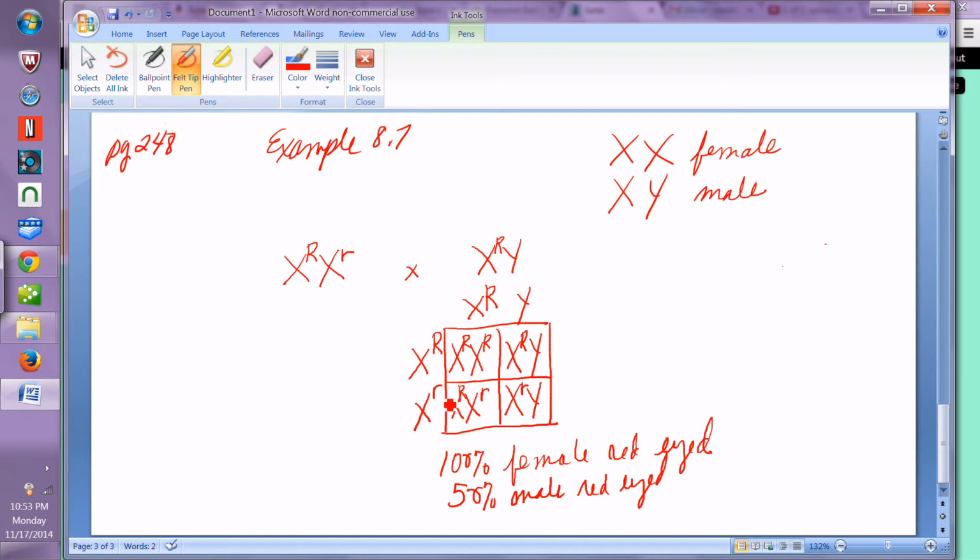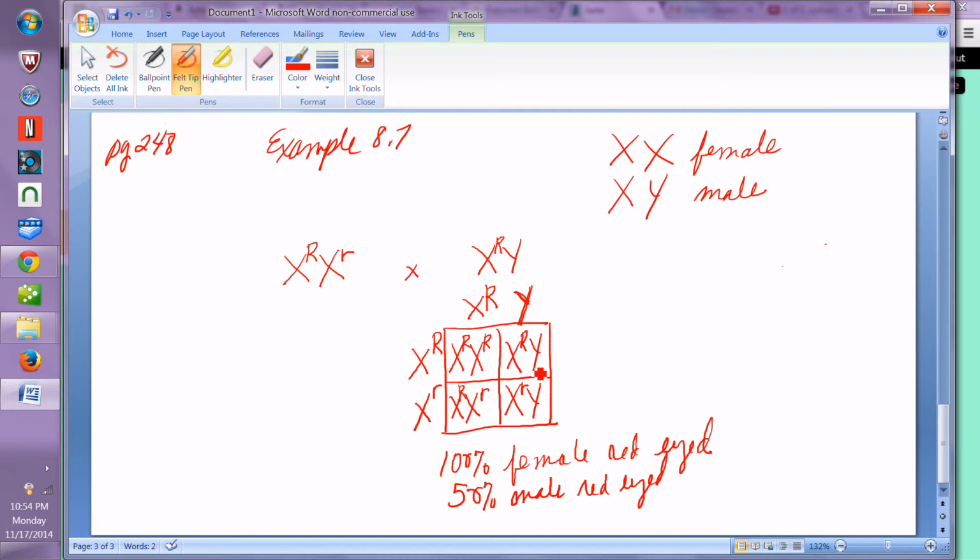And so if the mother wasn't carrying the recessive, 100% of the males would have been red-eyed also. So you can see how this Y chromosome not carrying a superscript can affect how it turns out for the males. Let's do another one of these.